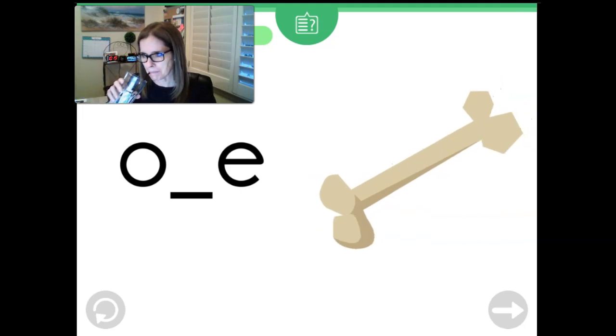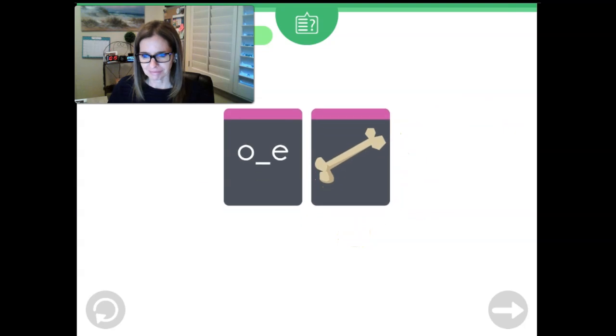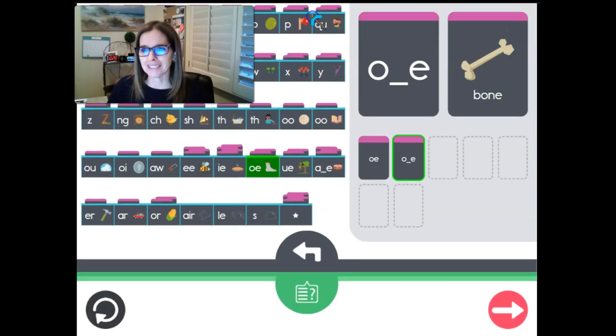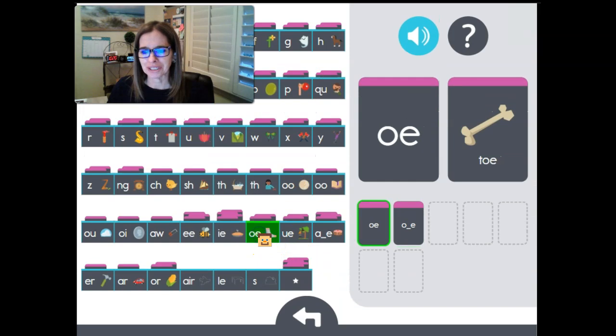Bone. The bone sound says bone, bone. And up it went into that pocket chart. So for the O card, we have the O as in toe. We also have the O as in bone.